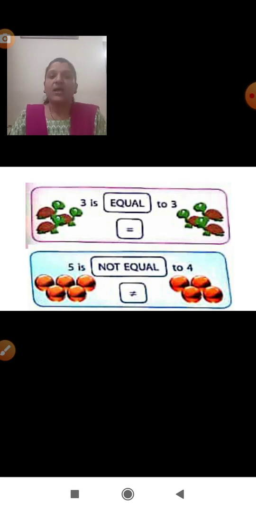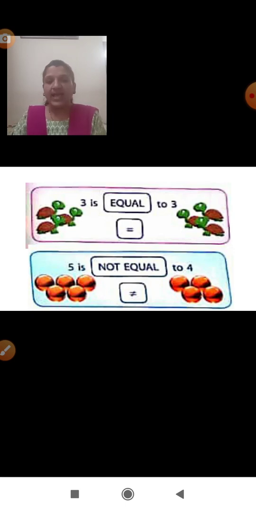Okay? And in the next picture, is the number of objects in both the groups the same? No, they are not the same. See, there are 5 balls and here there are 4 balls. So they are not equal.